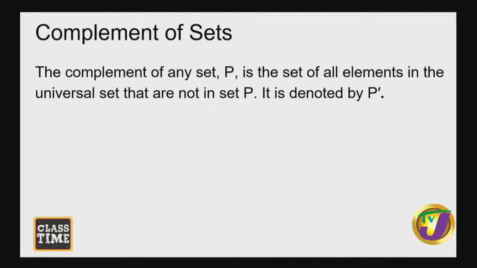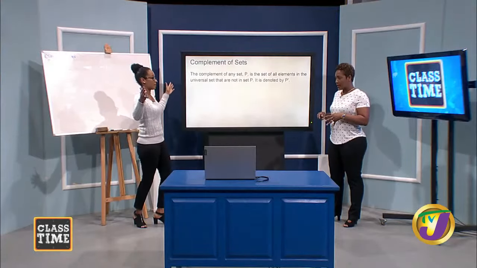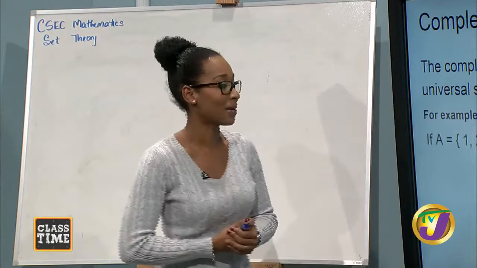This is how we represent complement. So the complement is anything that is in the universal set that is not found within the set. It's outside of the set. Remember, outside.